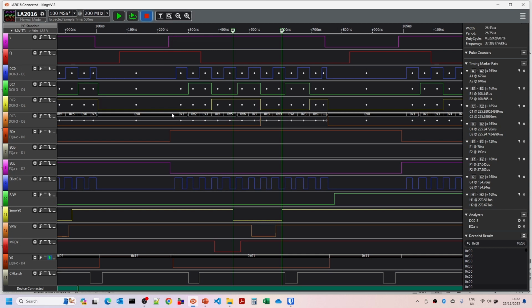So you can see here that this starts with 0, 1, 2, 3, 4, 5, 6, all the way up to 0C and 0D. And we've got the memory ready signal here, which causes our clock circuit to extend by another 250 nanoseconds. And you can see here again it's comfortably inside.